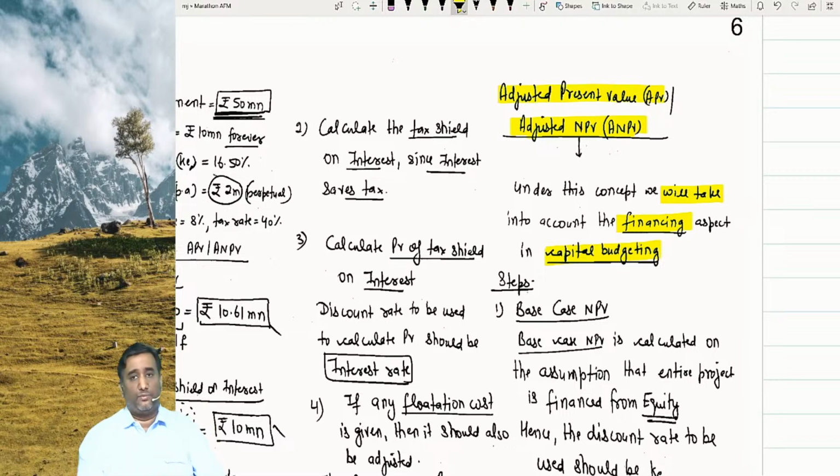Third important part, which is technically very important: when I'm raising money from debt, I go to the debt holders. They refuse money. I come back home and see, let me see with my own money. If with my own money the project is coming positive, then there is no need to go to debt holders. Or even if you want to take debt to increase the value of your equity shareholders, you do not have to bend down so much to their terms, because even if I do not take debt money, my project is still viable.